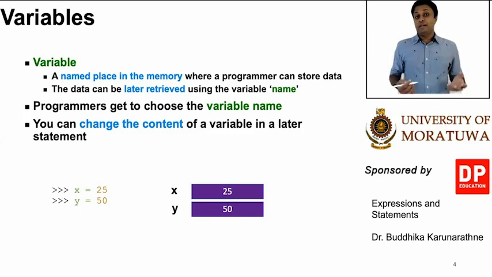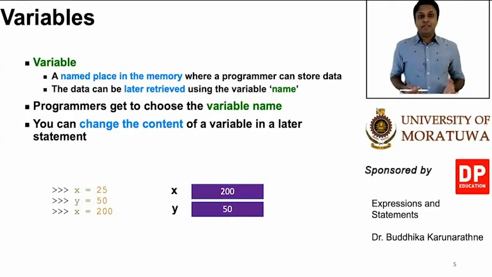This is where a variable is different from a constant. Now look at this example where you have the variables x and y, and the values assigned to those variables are 25 and 50. Later, you can change the value of x to 200, for example.